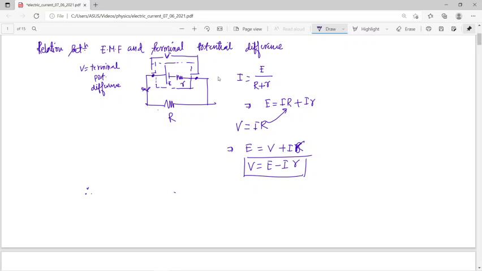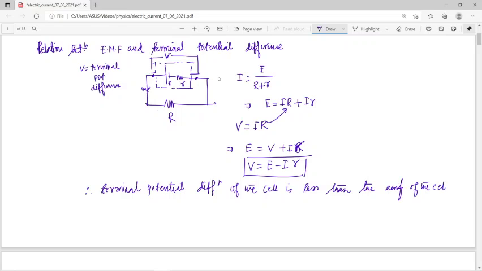This is the terminal potential difference that we actually measure.